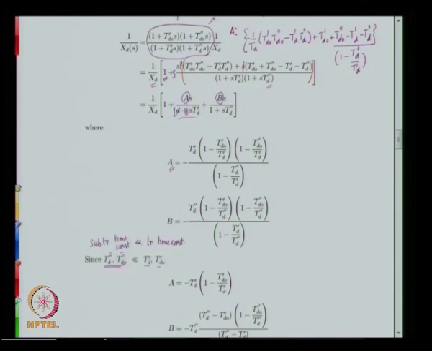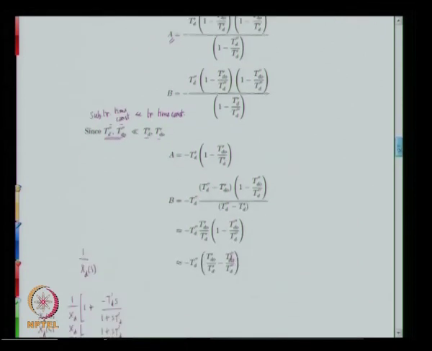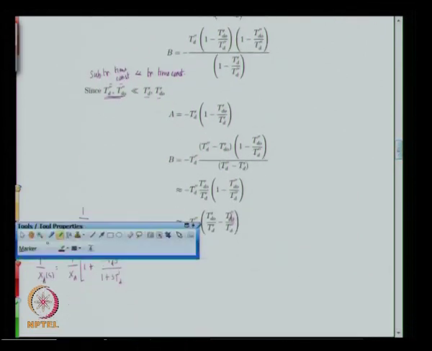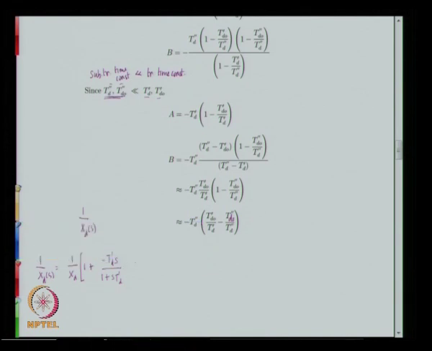Now one part of a we have considered, the other part of a is then into 1 minus T dash do by T dash d, and then you have the expression for b, which is minus T double dash d into s divided by 1 plus s T double dash d.